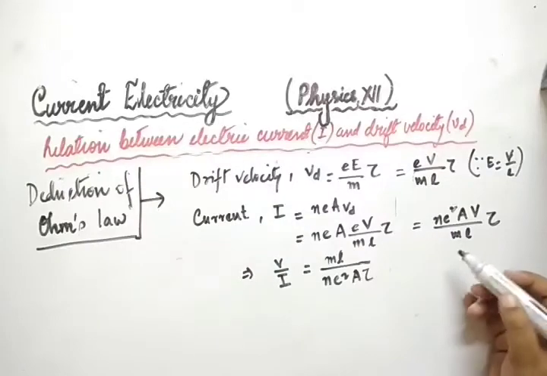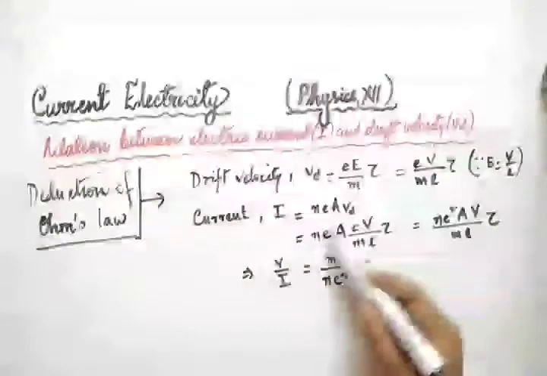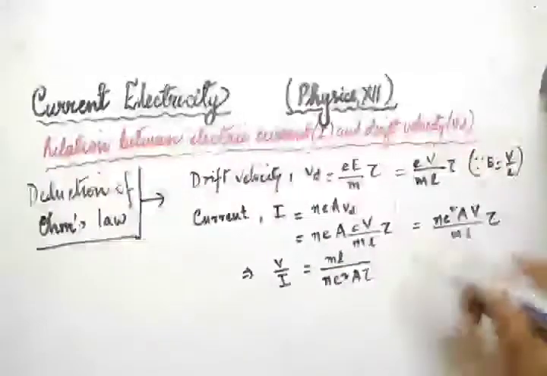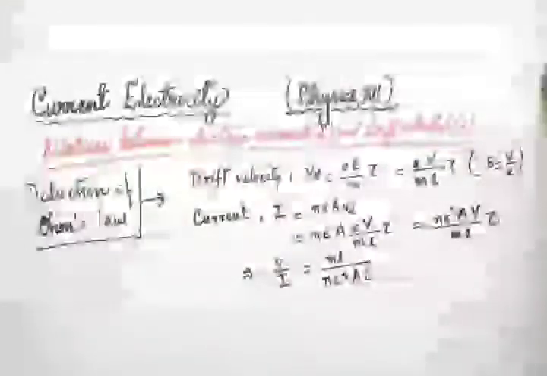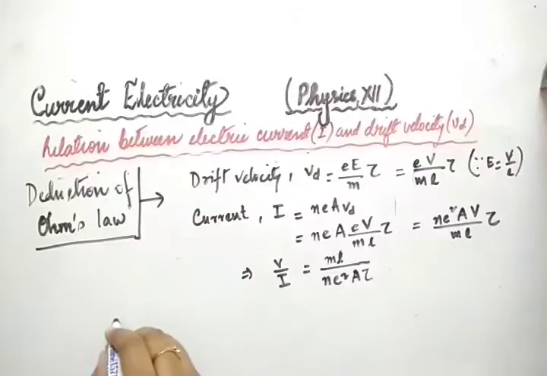Okay, just reverse it. V by I you take and all the other terms you arrange on the other side.